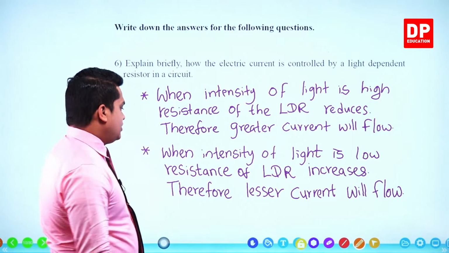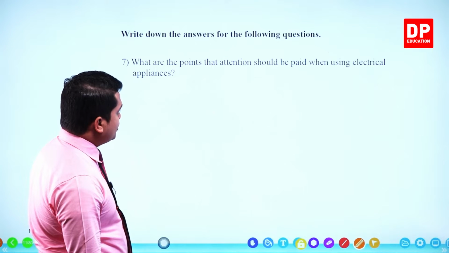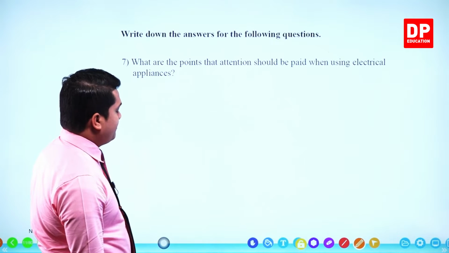Right, then to move on with the next question. What are the points that attention should be paid to when using electrical appliances?